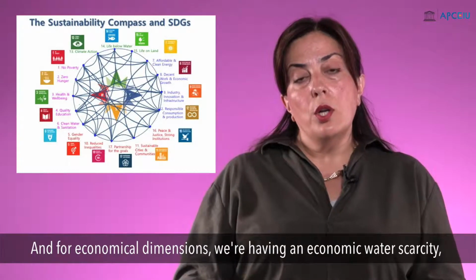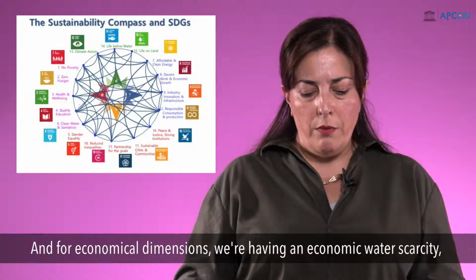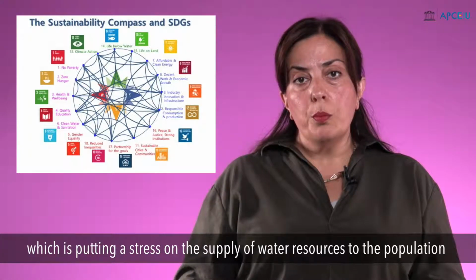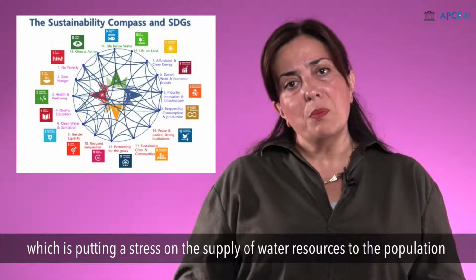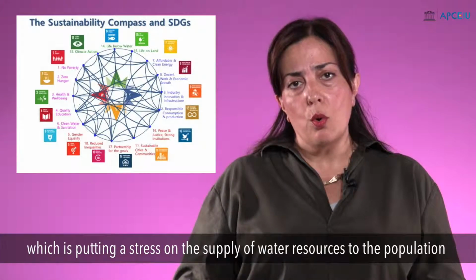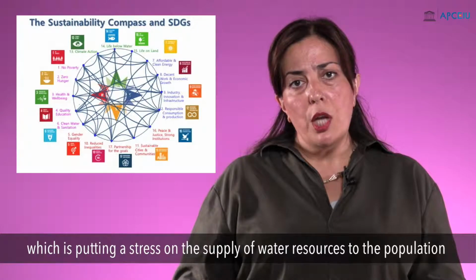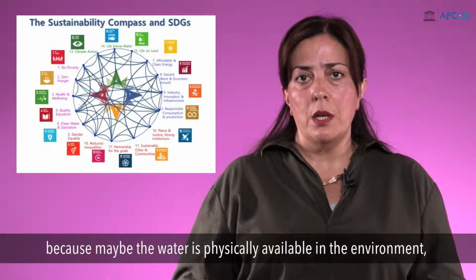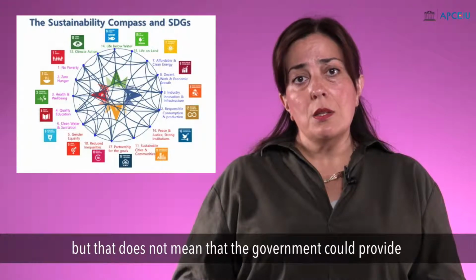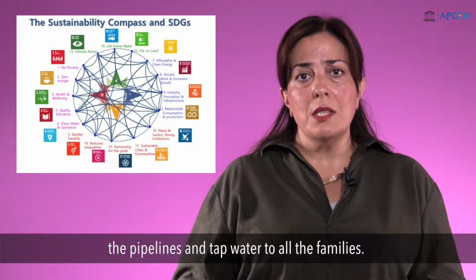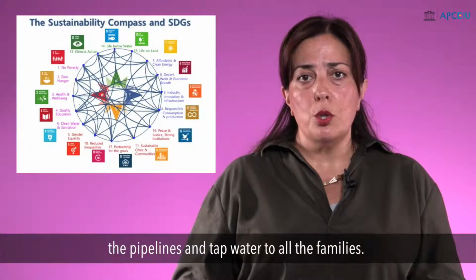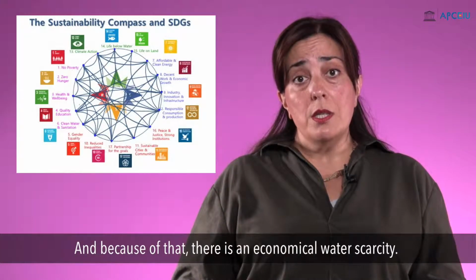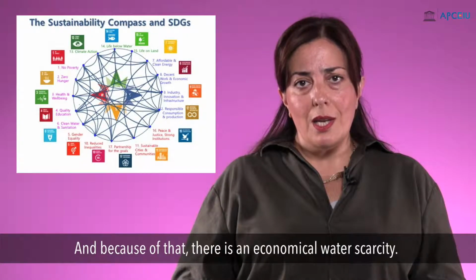And for the economic dimension, we have economic water scarcity, which puts stress on the supply of water resources to the population, because maybe the water physically is available in the environment, but that does not mean the government could provide pipelines and tap water to all the families. Because of that, there is economic water scarcity.